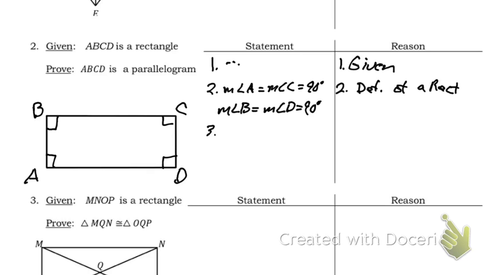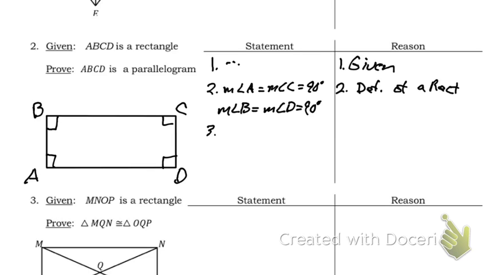All right, now you look at your theorem sheet. And you do have 4 theorems that prove something's a parallelogram. That is theorem 5.4, 5.5, 5.6, and 5.7. What theorem says that if angles across are congruent, it is a parallelogram? Yes, 5.6.